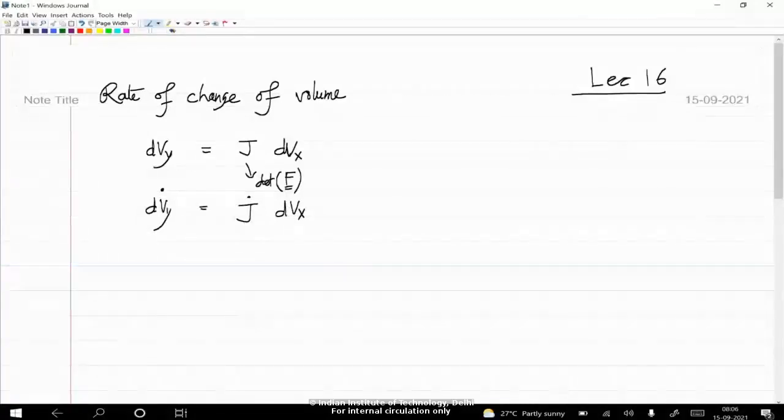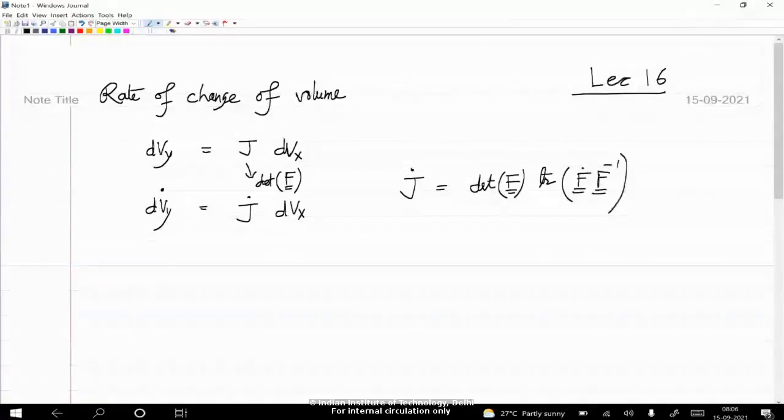So J being the determinant of F, the J dot turns out to be, so there is of course a lengthy derivation which shows that J dot is equal to determinant of F into trace of F dot F inverse. Okay, it comes from a lengthy calculation.